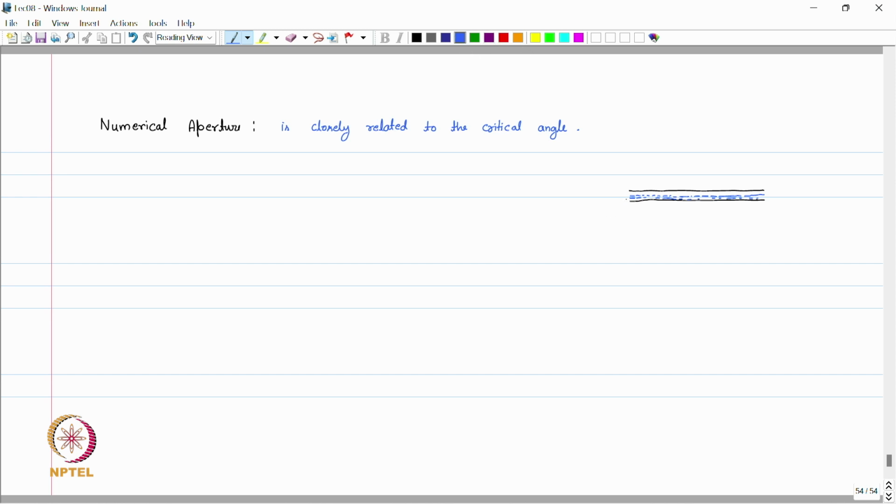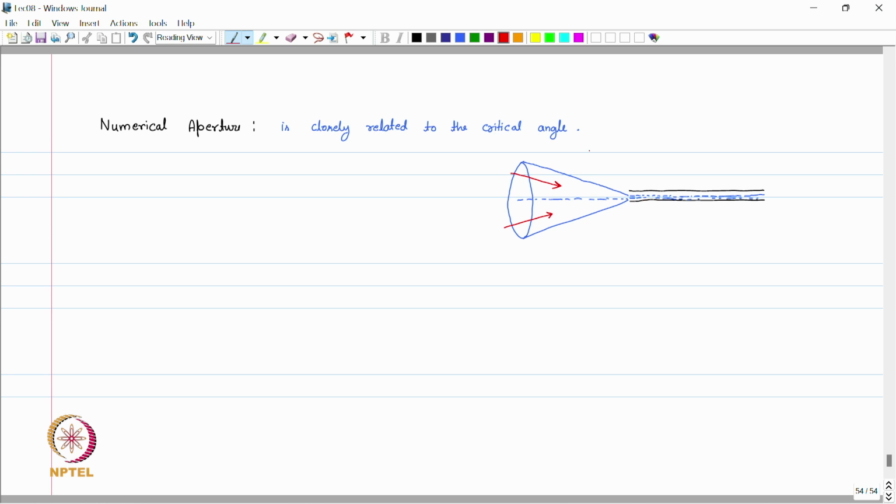So, now let us extend this axis and we see there is this cone sort of area. If the light is incident within this angle, then only this light will be coupled to the fiber.